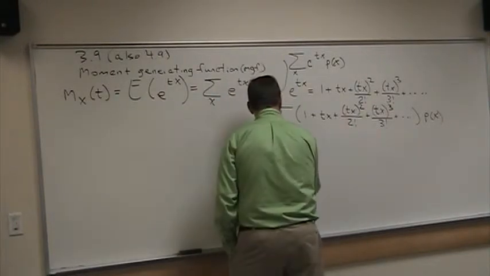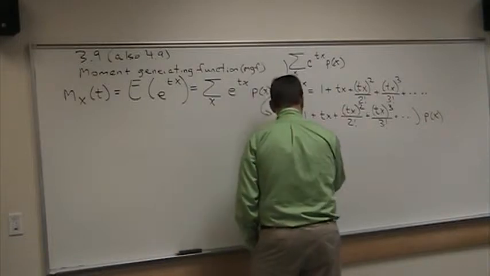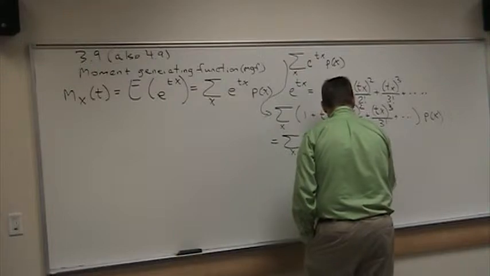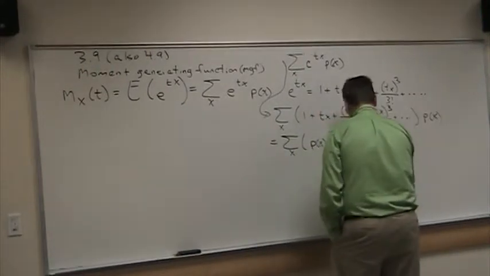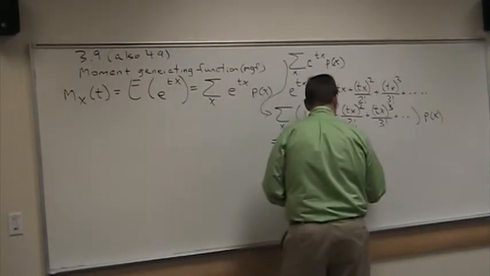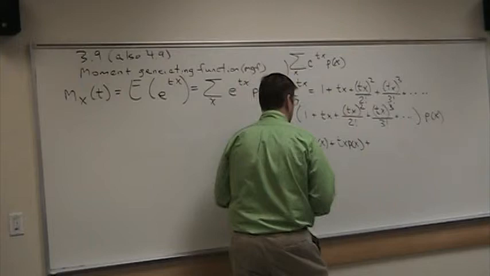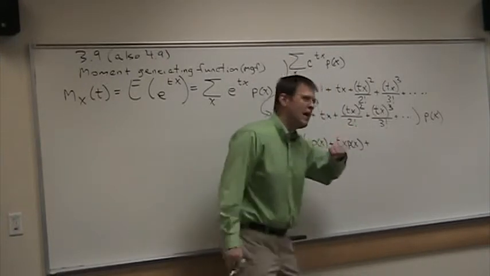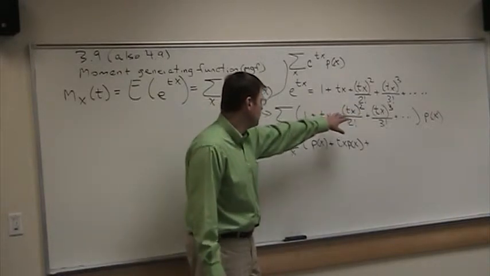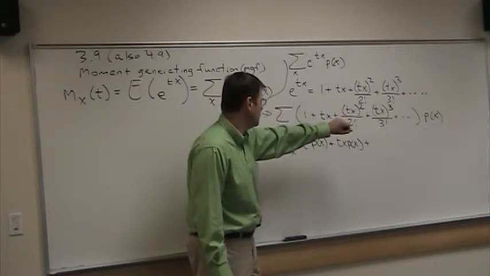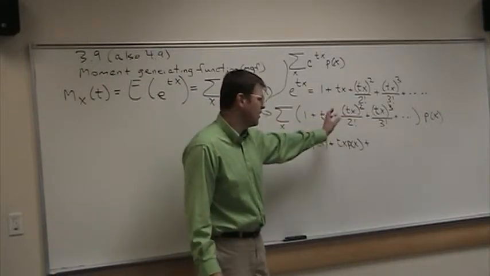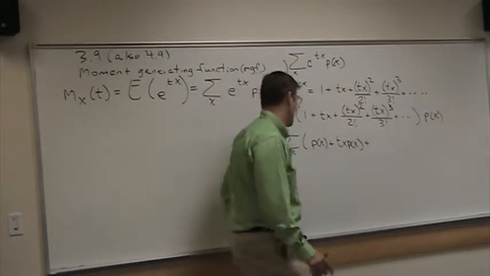So this is the sum over all x of P of x plus Px P of x plus, actually I'm going to rewrite this second term here. No, I'll leave it that way, never mind. From here on out, for the remaining terms, I'm going to multiply out those numerators, separate out the t's and the denominators, and then leave the x terms with P of x.